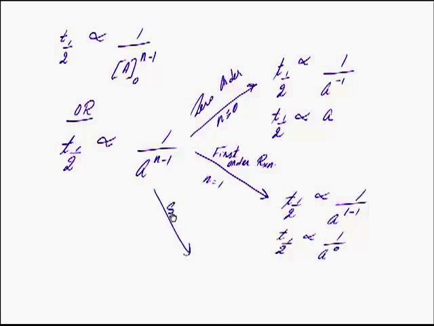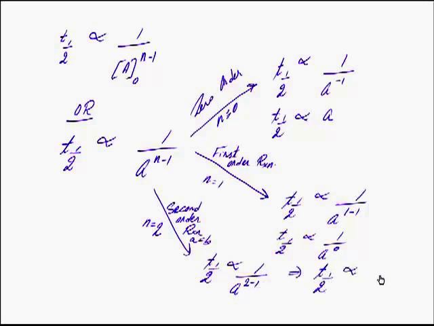Whereas for a second order reaction having equal concentrations of A and B, the two reactants, we found that half-life is inversely proportional to a raised to 2 minus 1, and therefore t half is inversely proportional to the initial concentration.